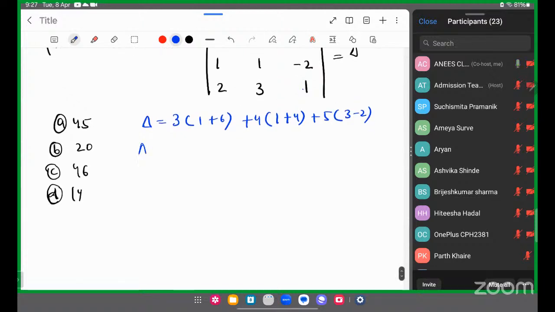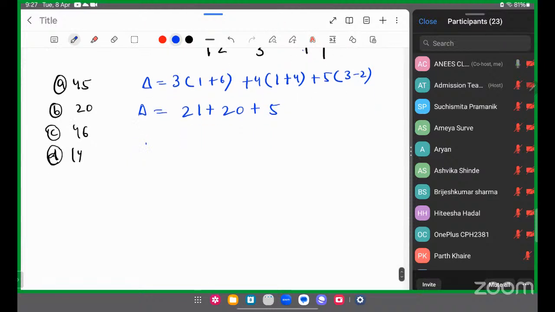So answer will be 7 into 3, 21 plus 20 plus 5. So this will be how much? 46, I think. So correct option will be C option. Understood or any doubt?